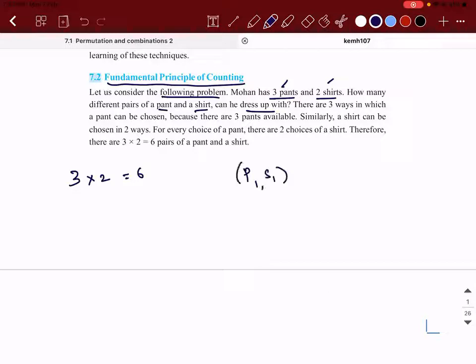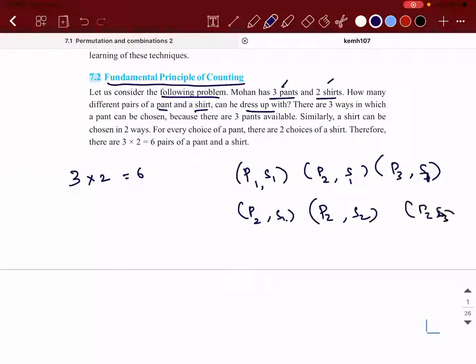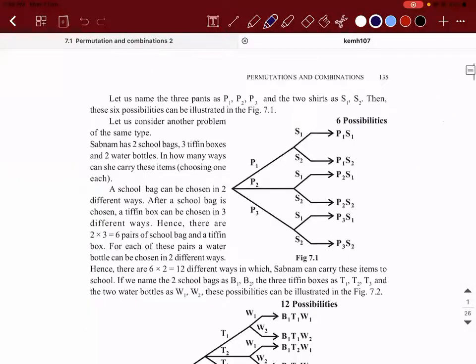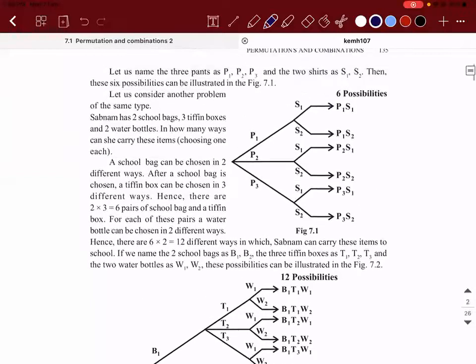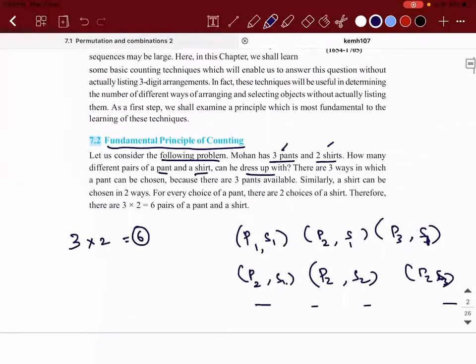I can write the ordered pairs like this: P1 S1, P1 S2. Similarly, P2 S1, P2 S2, and P3 S1, P3 S2. Like this, if I write, how many such ordered pairs am I going to get? I'm going to get 6. Right? Sir, S3 doesn't exist, right? Oh, S3 is not there, 2 shirts only. Okay, I'm sorry.